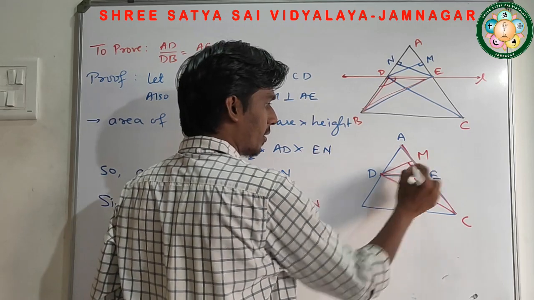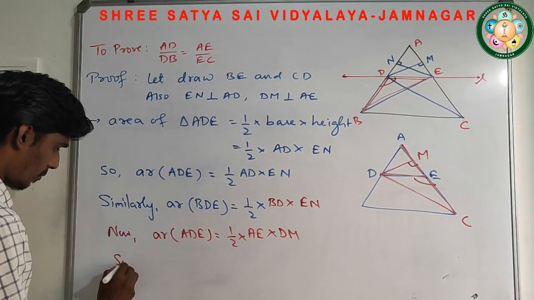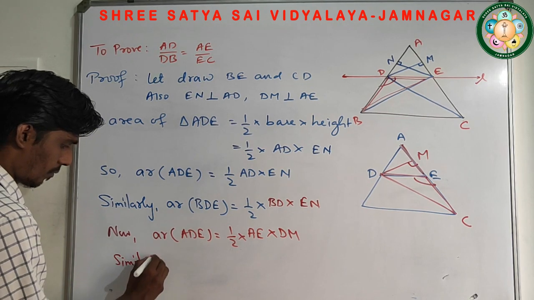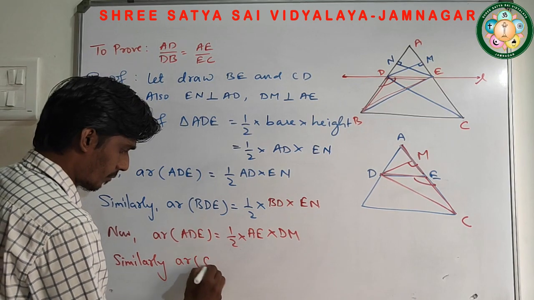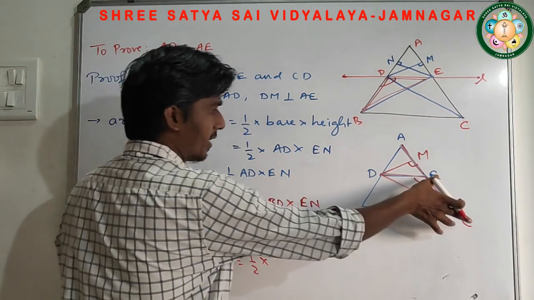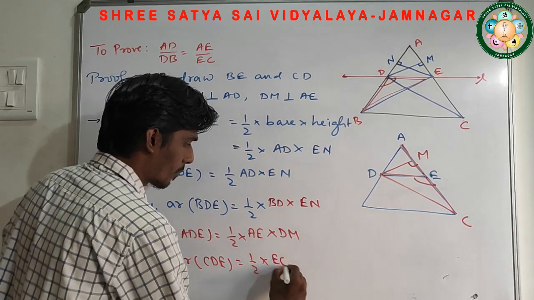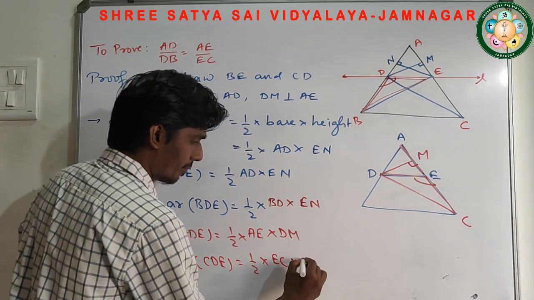Its altitude is DM, and the base is EC. Similarly, area of CDE is half. What base do I have to consider? It's EC. And height is DM.